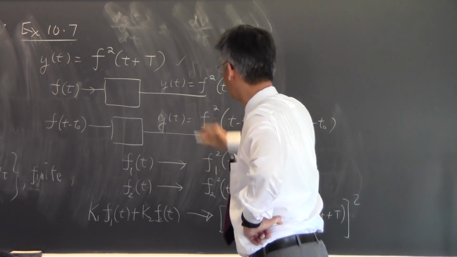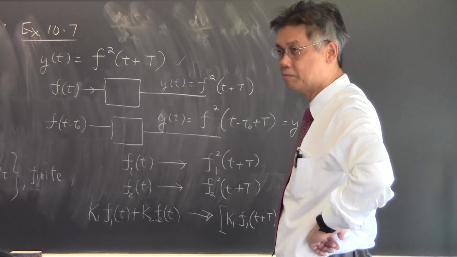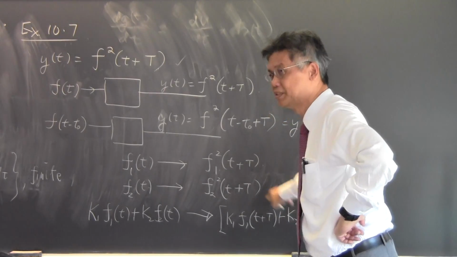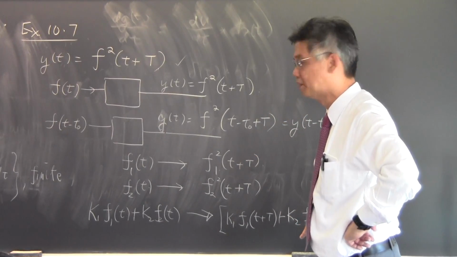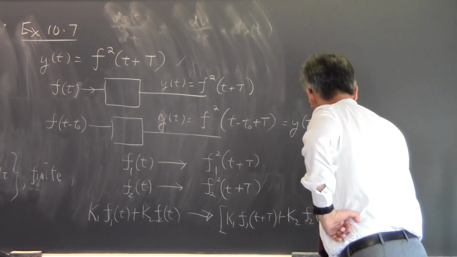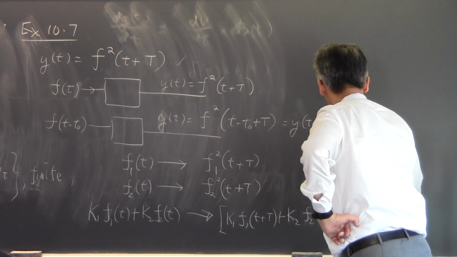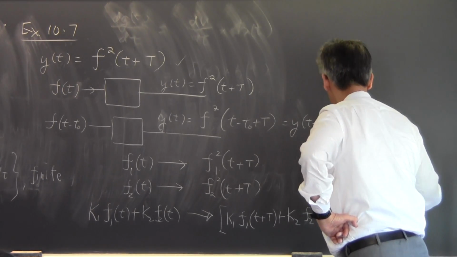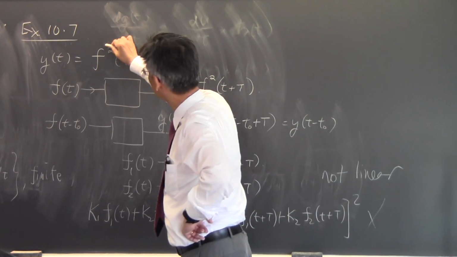Is this a linear superposition of the top two? Not at all. So this is not linear, because of this thing over here.